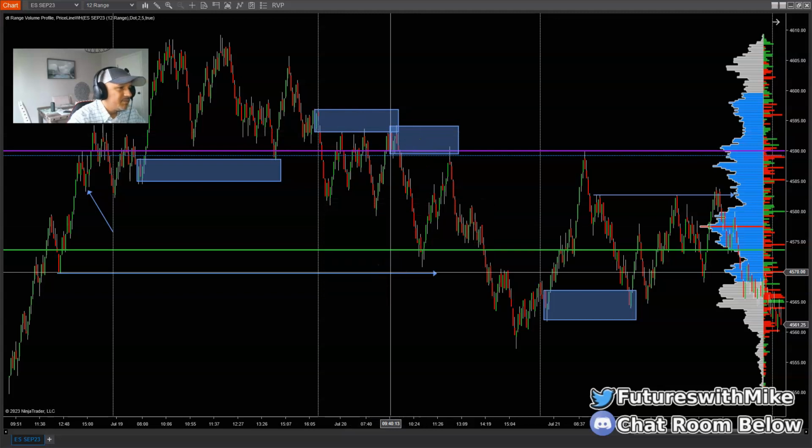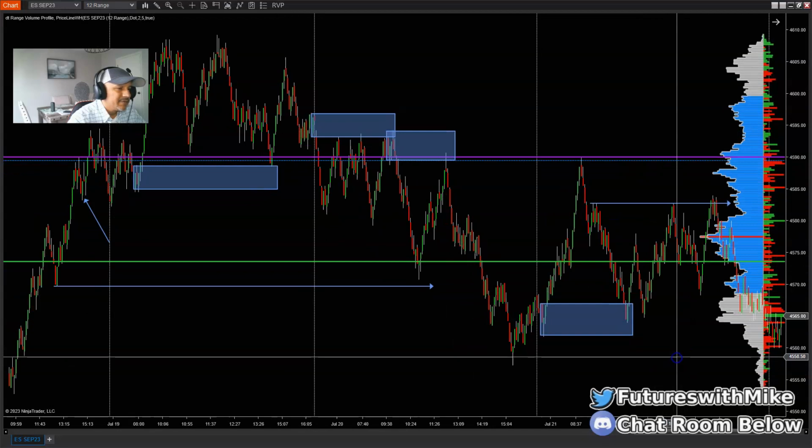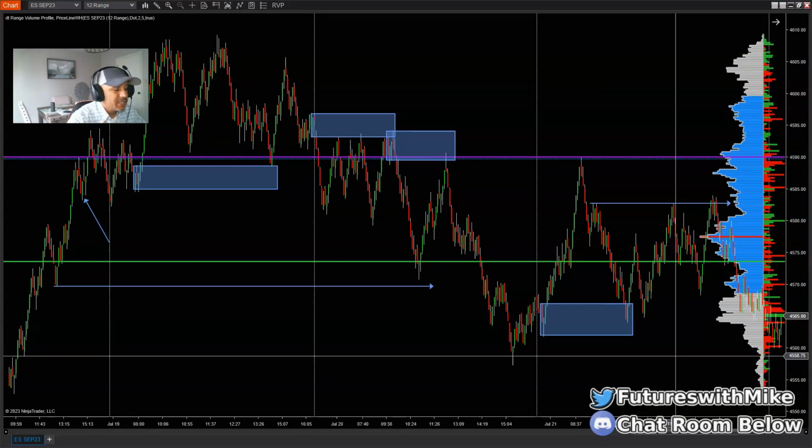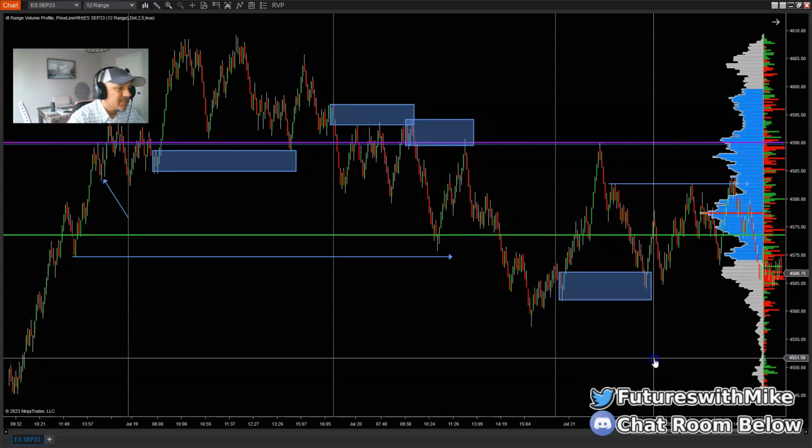You don't need a bunch of bells and whistles. But I do like the volume profile. It gives a little bit of aesthetics to my chart, decorates a little bit, but it really does help me trade. It gives me those landmarks, those geographical areas, and navigates me in a sense.